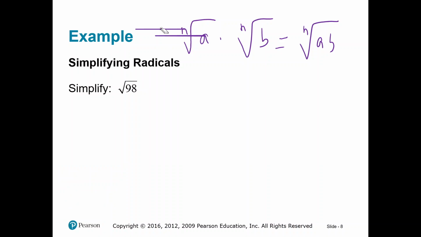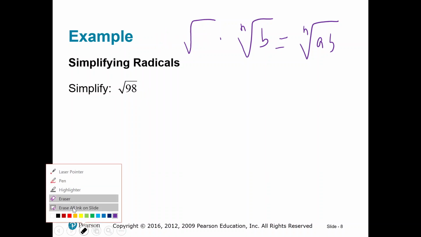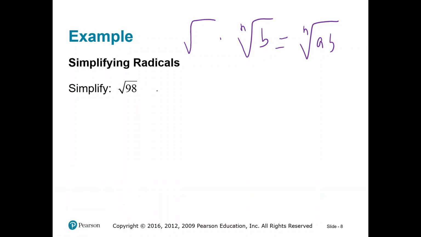So I have to split the 98 into two factors: 49 times 2. So 98 is equal to 49 times 2.